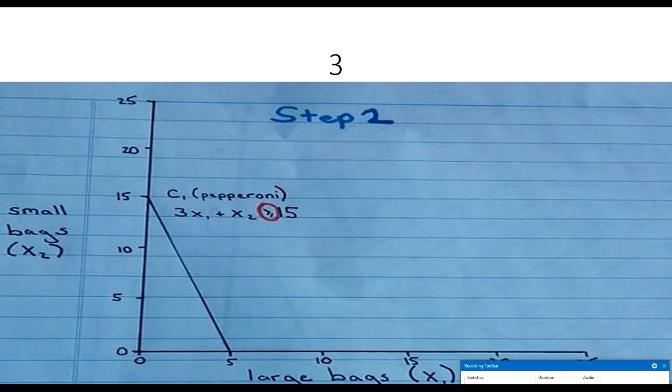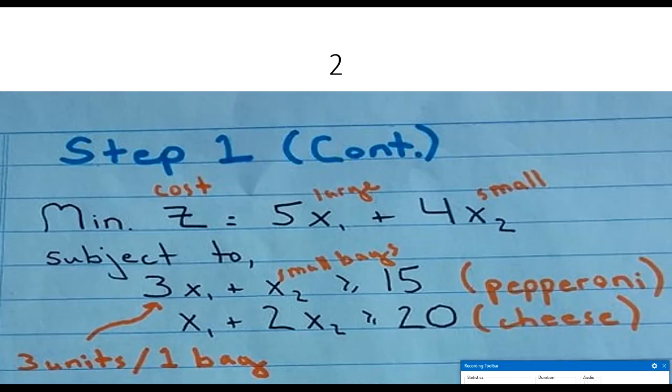We have to repeat that process one more time for our second line. To find x1, we make x2 equal to 0, and x1 is equal to 20. So 20, 0 is our first point. And we do the same.